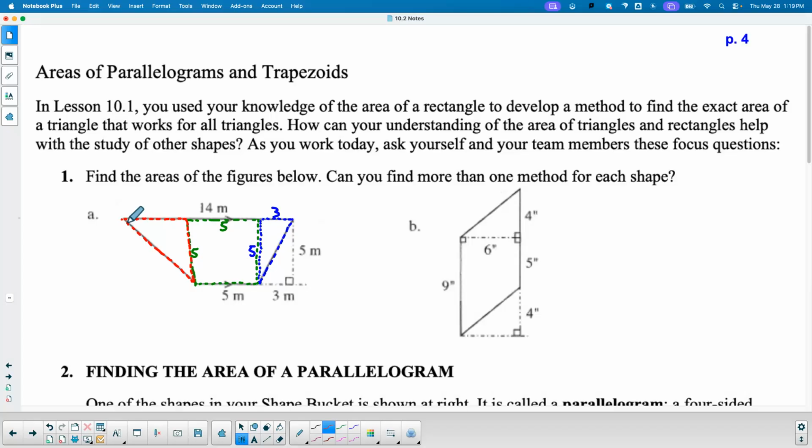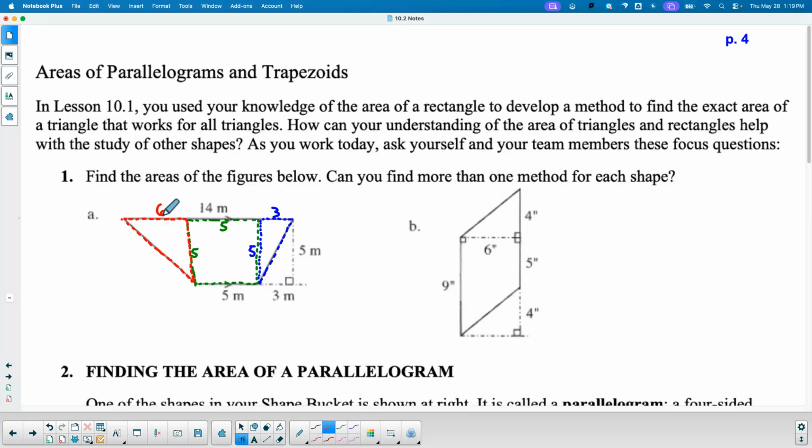How'd you come up with the top being 6? Because the whole top is 14, and then you subtract 5. Okay, all right, so the whole top is 14, subtract 5, that gets me to 9, subtract 3 more, that's 6, so the leftover here is 6.